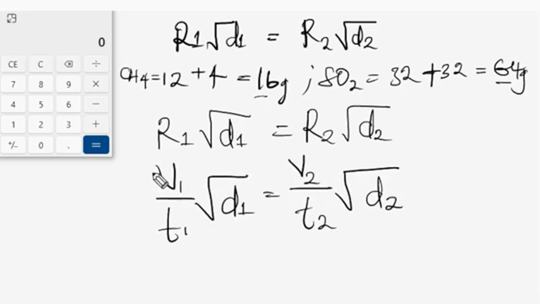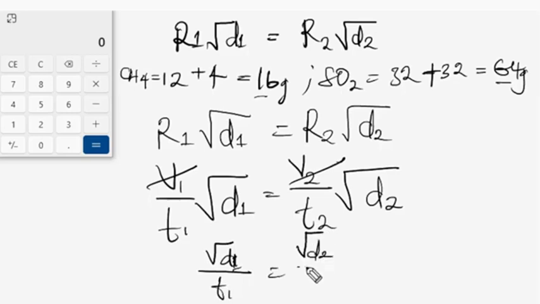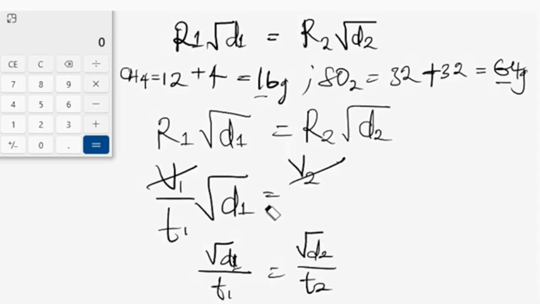So if V1 is equal to V2 and they are both numerators here, we can cancel these out, and then this equation now becomes root D1 over T1 is equal to root D2 over T2. So we're going to just wipe off these other parts so we can have better space to solve right here.